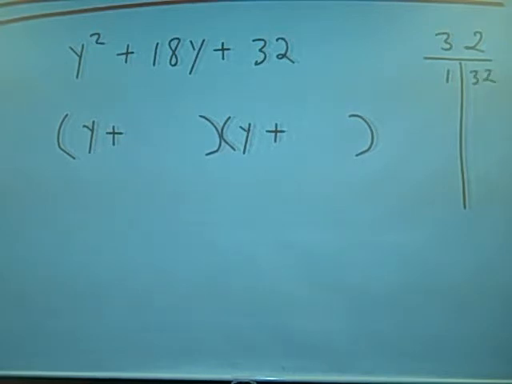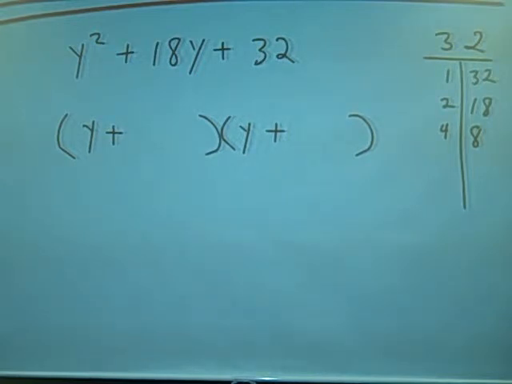1 and 32, 2 and 18, 3 won't work, 4, 8 times 4, that's 32, so that's 4 and 8, 8 and 4, 5 won't work, 6 won't work.